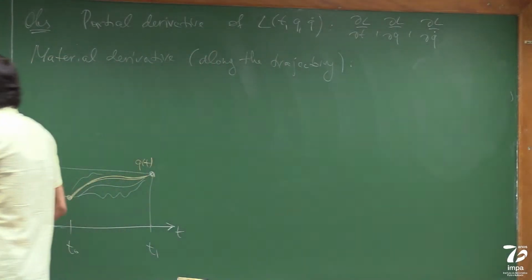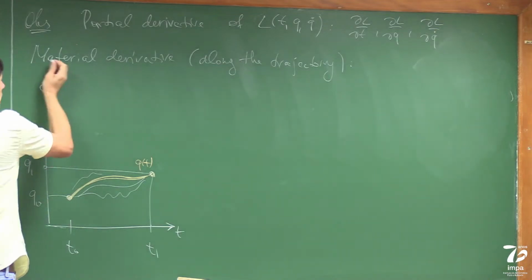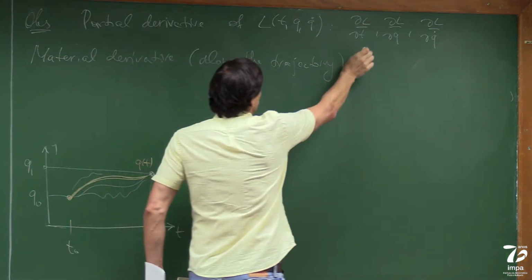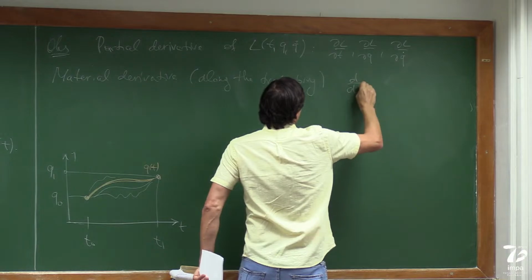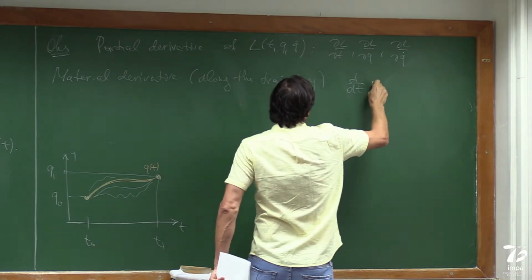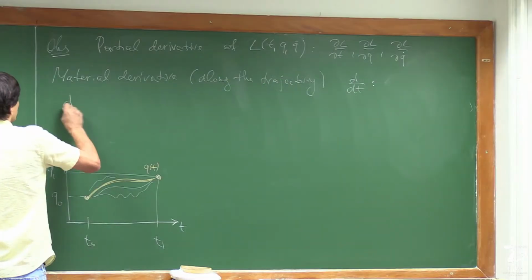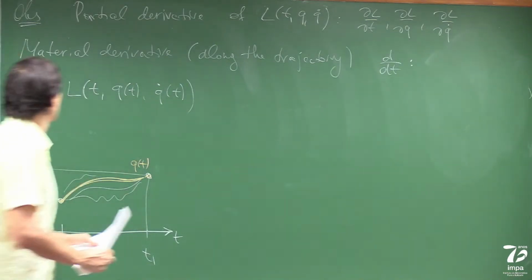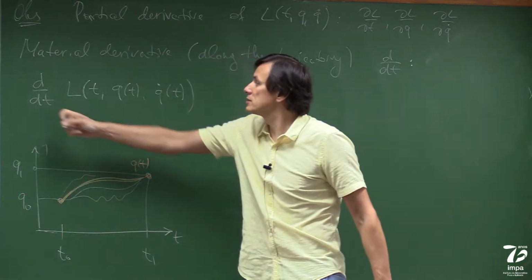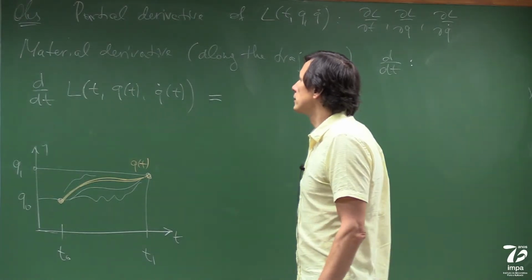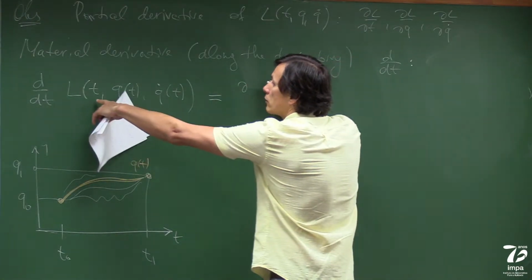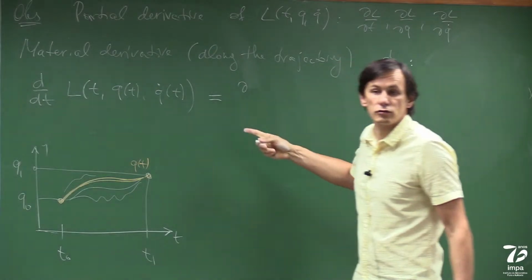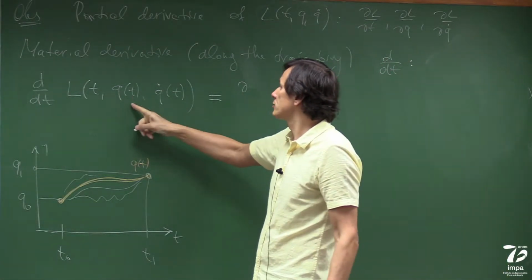And this is what we define as d/dt with a straight d, the derivative with respect to time, where all coordinates are considered as functions of time. The meaning of this d/dt is that you use the chain rule. So t enters here, enters there.